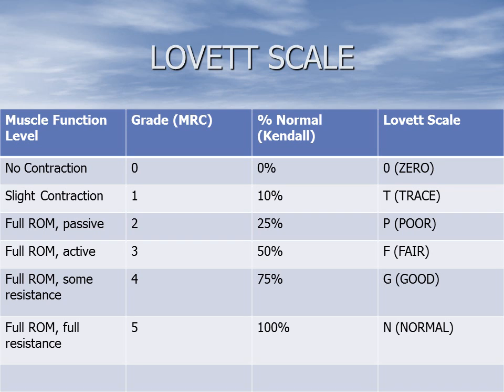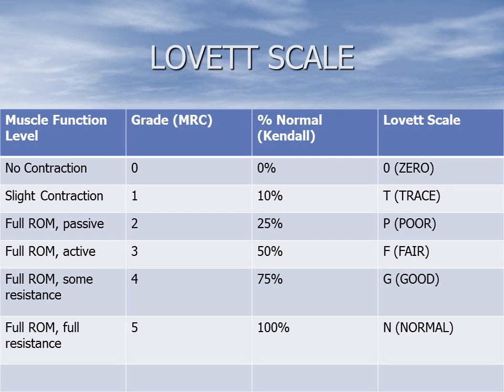So, for example, whether we're talking about the Medical Research Council grade, or the Kendall percentage grade, or the Lovett scale grade, regardless of the system that we use, a grade of 0 indicates the same thing. A grade of 0 indicates that we have a muscle that has no evidence of contraction.